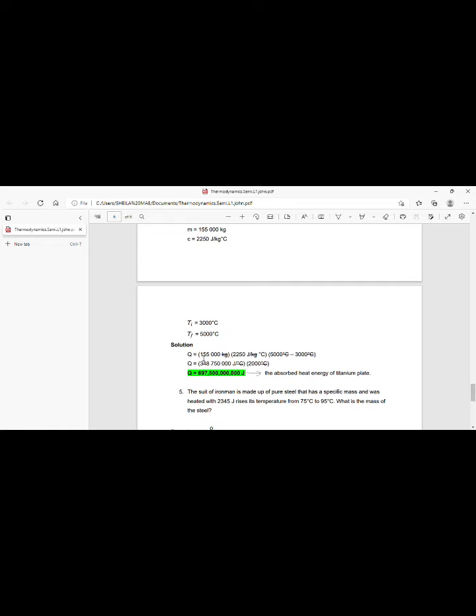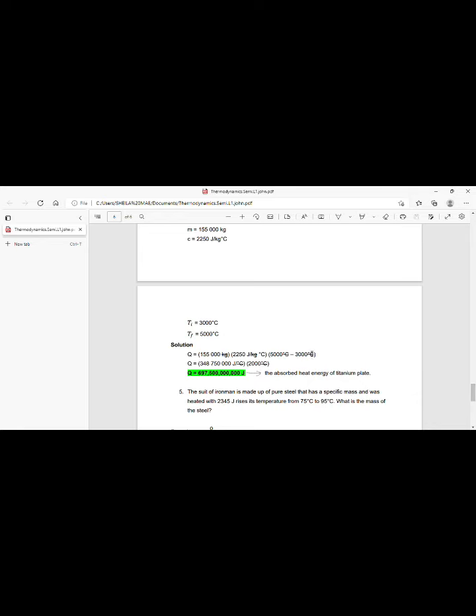Then our solution: heat energy is equal to 155,000 kilograms, which is our mass, times 2,250 joules per kilogram degree Celsius, which is our specific heat, times the delta T, which we get by subtracting 5,000 degrees Celsius minus 3,000 degrees Celsius.